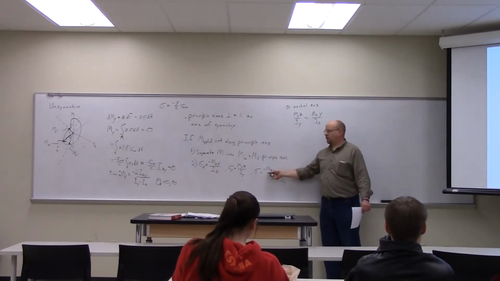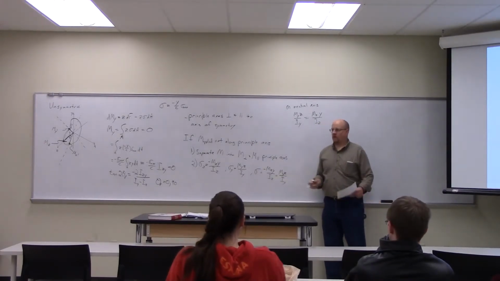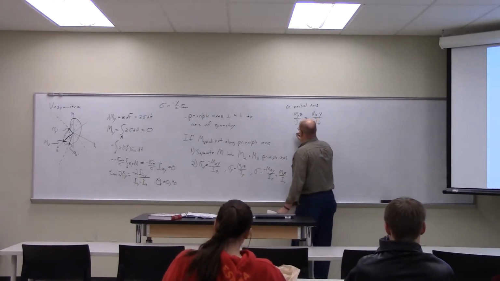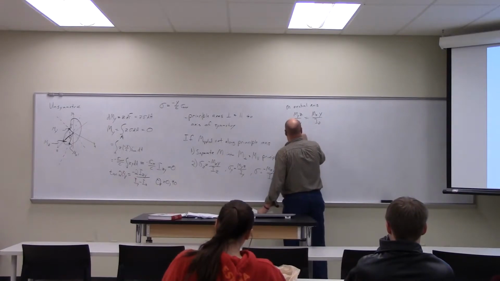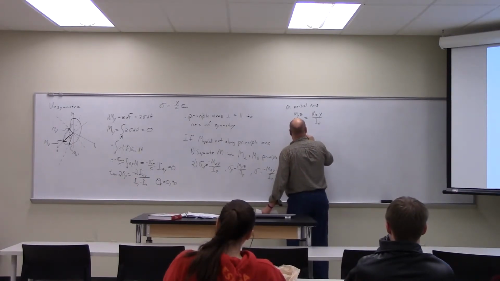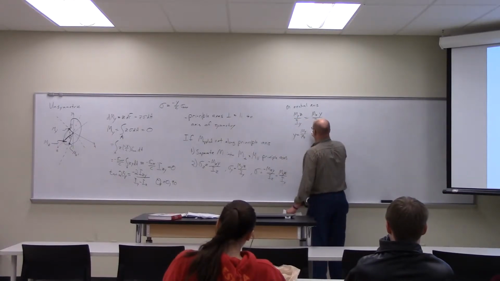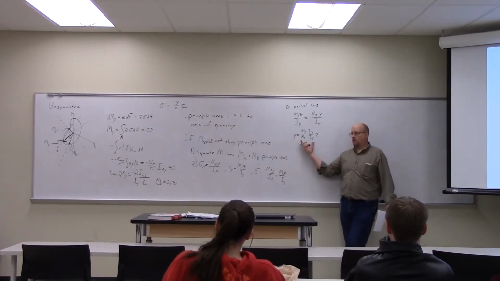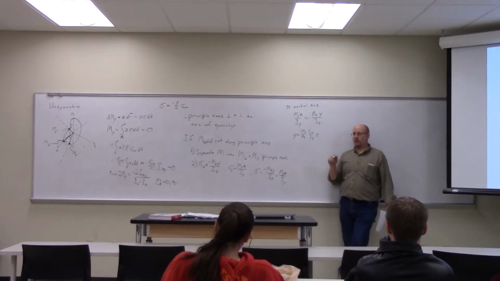These two terms have to be equal because the total stress is zero on that axis. So if I rearrange this, y is equal to M_y over M_z times I_z over I_y times z. So there's an equation for a line relating y and z that defines the neutral axis.